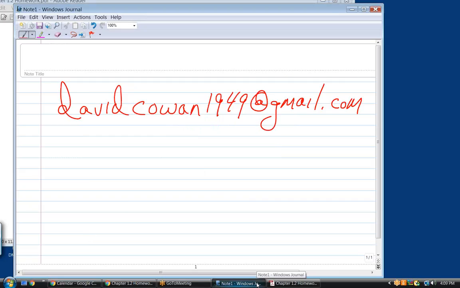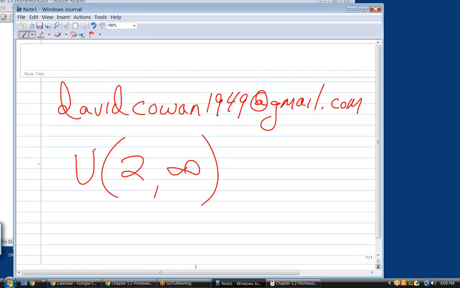Do you use interval notation? What is that? Sometimes they use interval notation like this. In other words, it'd be minus infinity to 2 in union with 2 to infinity.